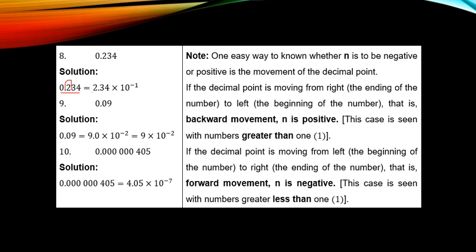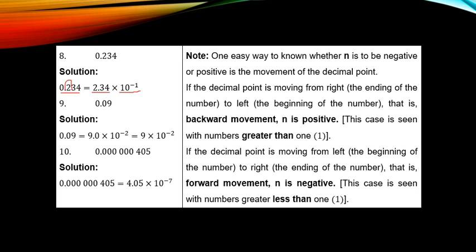Then you have 2.34 times 10 to the power of minus 1. The movement is once, so you have power of minus 1. Just hold on, we will get to know when the power should be negative or positive.